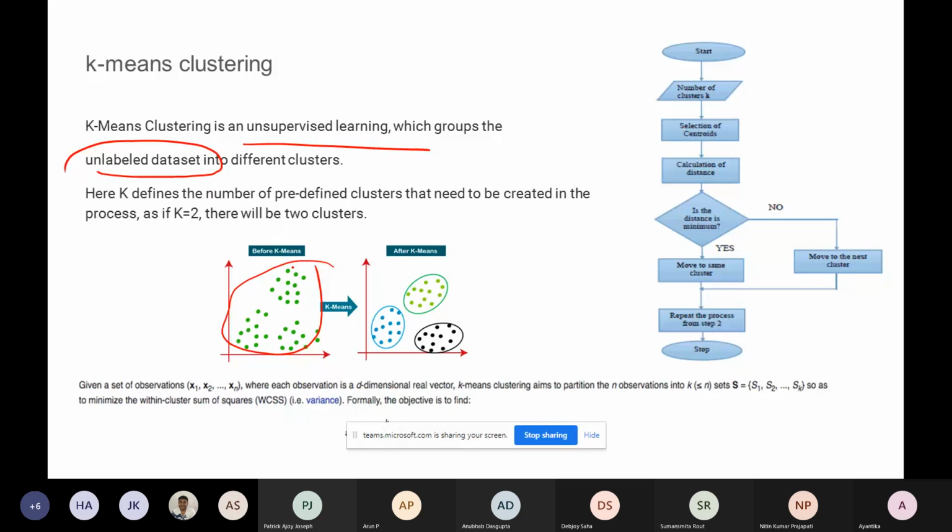From this scattered data, you plan to prepare K clusters. That means I will put this data in K groups. These are my clusters.